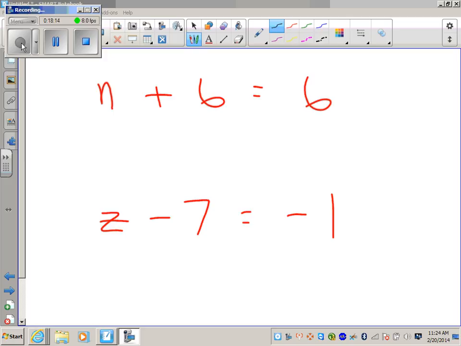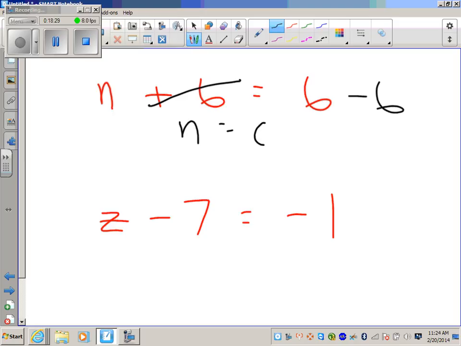We're adding 6, right? The opposite of adding 6 is what? Subtracting what? 12, 13? Right. So take away 6, I'm left with n. Take away 6, I'm left with 0. Is 0 plus 6 equal to 6? Very good. 0 is our solution.